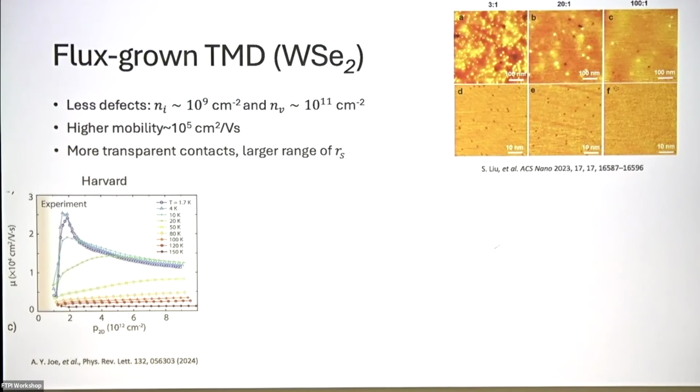Does the flux method get rid of vacancies, or can they not get rid of the vacancy? The vacancy density is like 10^10 for this technique. Yes. The charge impurities density is like 10^9. So by Ni, I mean the charge impurity concentration.